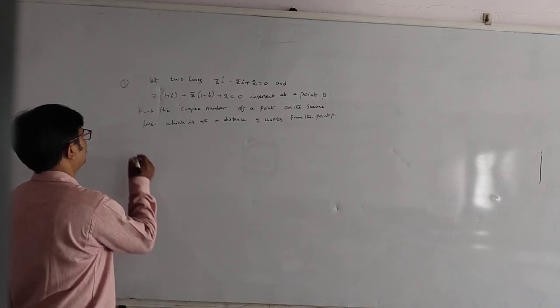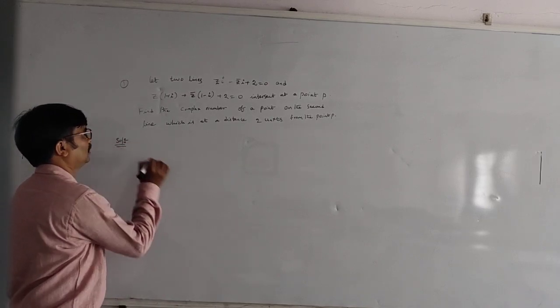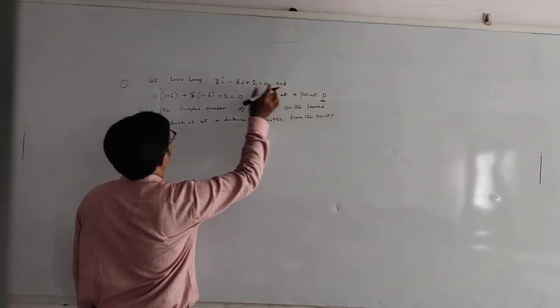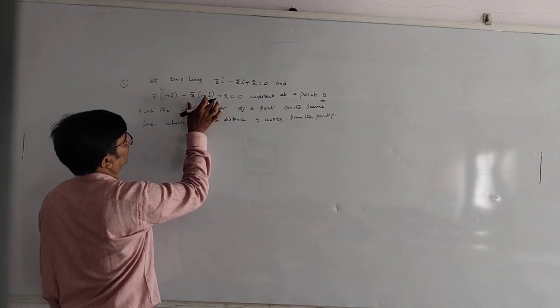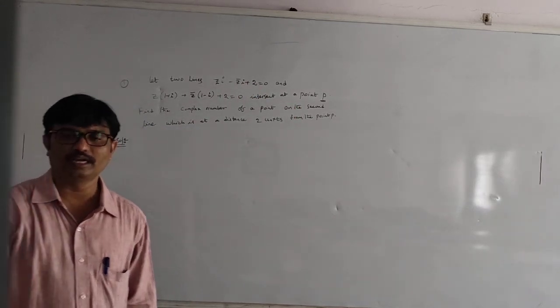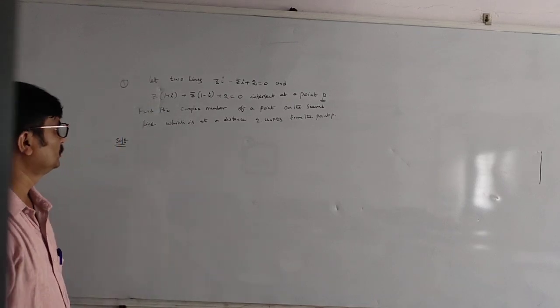So, dear students, first of all we have to find the point P. The first line and the second line intersect at the point P. Right now, students, we have to find the point of intersection.